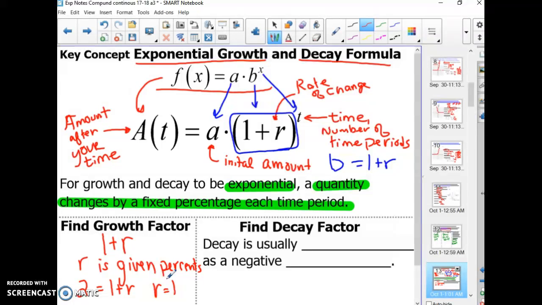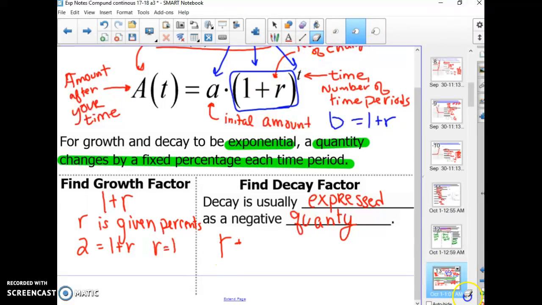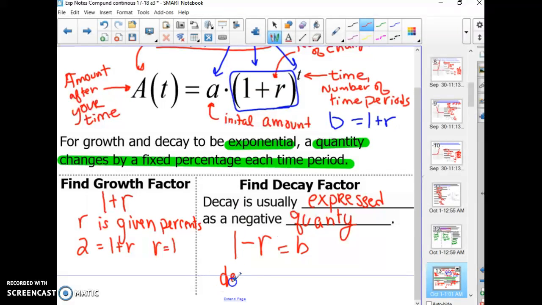When we talk about the decay factor, decay is usually expressed as a negative quantity. So instead of 1 plus r, you're going to get 1 minus r, and that's going to be equal to your b value, because if it's decay, I'm not increasing, I am decreasing. So decrease is a word that means decay.